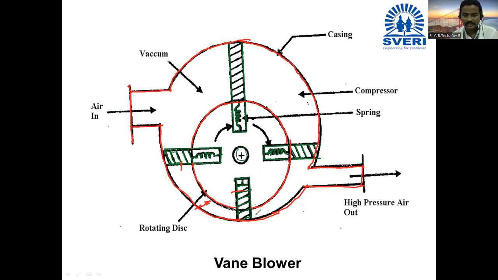That pressurized air is then delivered out through the exit section with the help of the rotating disc. Basically, the compression, the increase in air pressure, happens only between the two vanes.